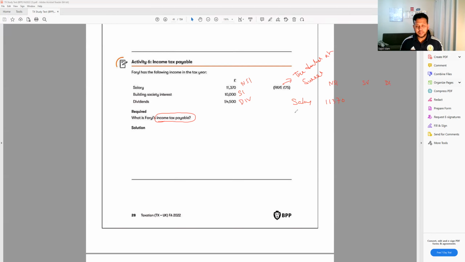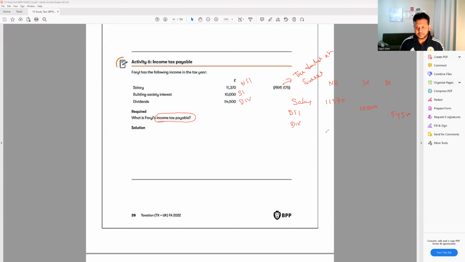Then we have building society interest, that's the savings income, 10,000. And the dividend, we have 54,500.